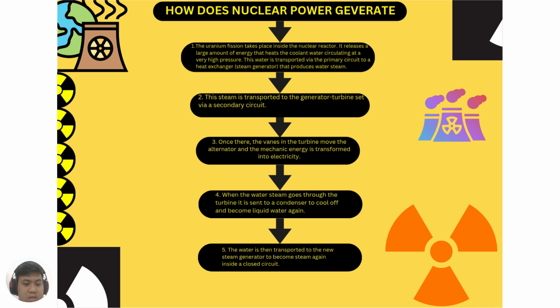The steam is then transported to the turbine generator, and the vents of the turbine move the alternator, transforming mechanical energy into electricity. Afterwards, the steam goes from the turbine to the condenser to cool off and become liquid water again. Finally, the water is transported to a steam generator to become steam again inside a closed circuit.